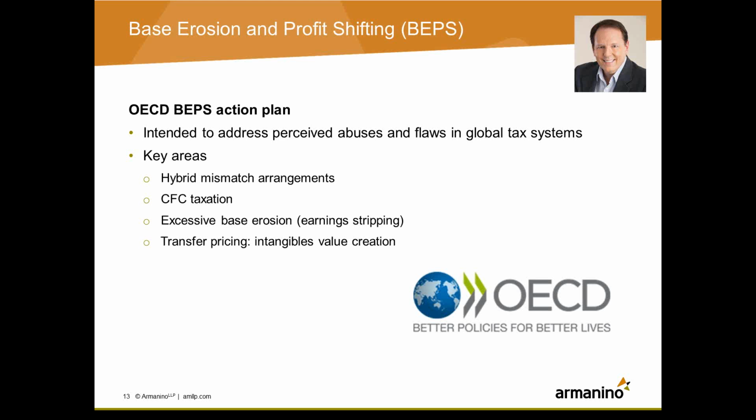And one of the other things, though, that's important to note is that the OECD just believes that the global tax system today is flawed. It's old and antiquated, and it has not kept up with modern business practices or the e-commerce kind of economy that we live in today. So if we go back 50, 75 years ago, the value drivers of how a company became valuable are much different than they are today. 50 years ago it was based on manufacturing and labor force and very capital intensive.